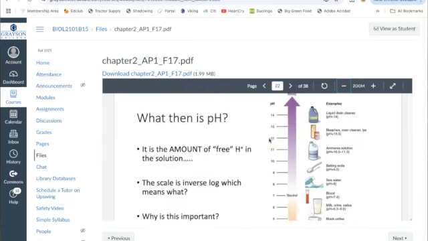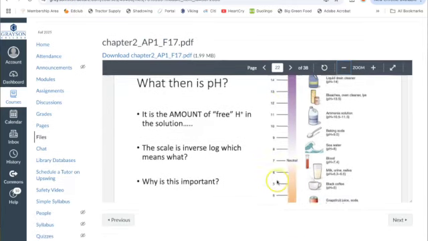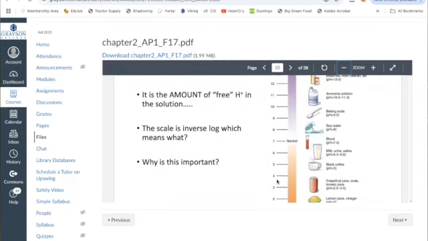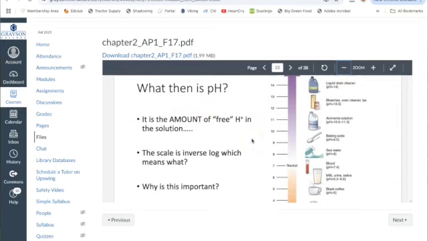Now, of course, both of the extreme cases of extreme base and extreme acid will burn you. Okay. And it's measured in the amount of free hydrogen that is in the solution. Okay. It's an inverse log because as pH goes up, hydrogen is less.